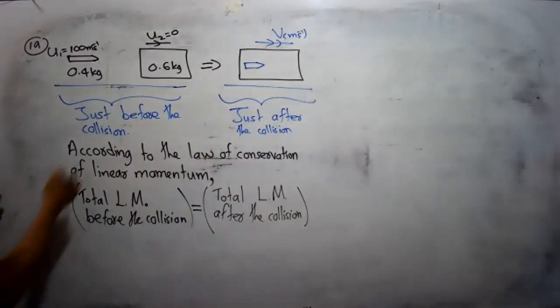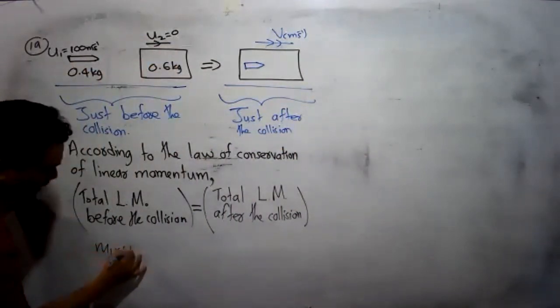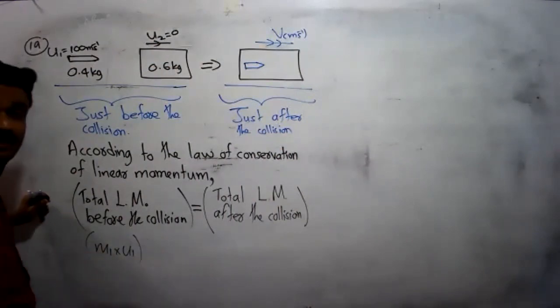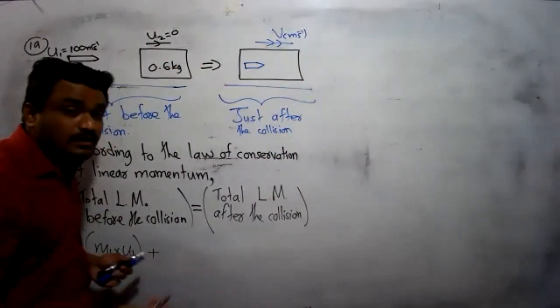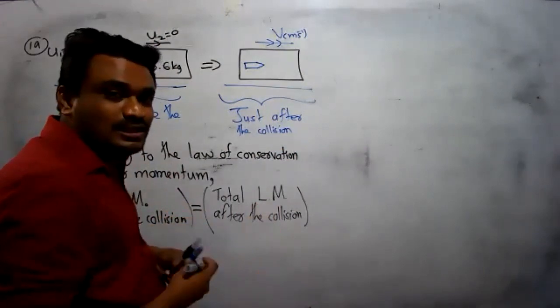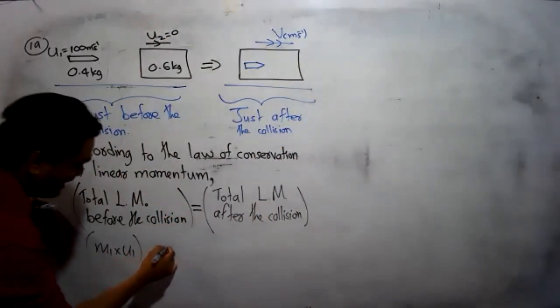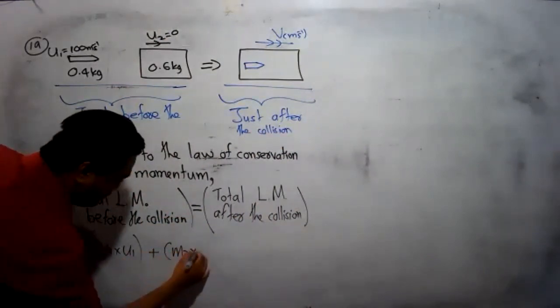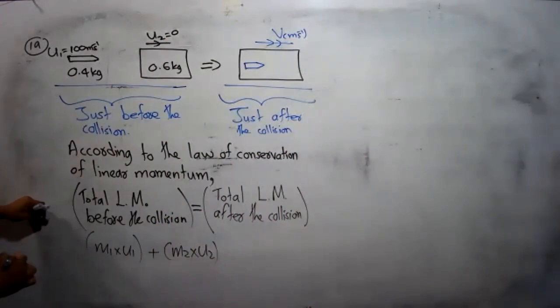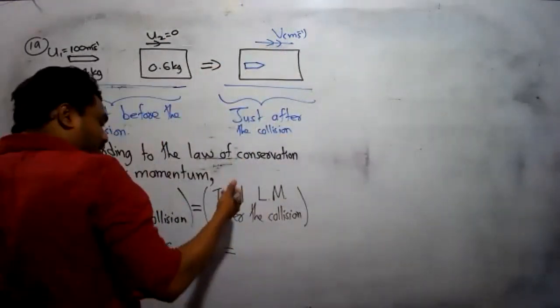Right. The total linear momentum before the collision is m1 into u1. The product of mass and velocity is the linear momentum. If you have not learned linear momentum, if you have not learned mechanics, you should stay in this class, right? So m1 u1 plus m2 u2 equals, after the collision, there are no two objects, there is only one object.